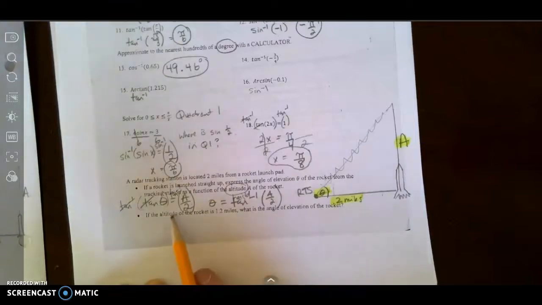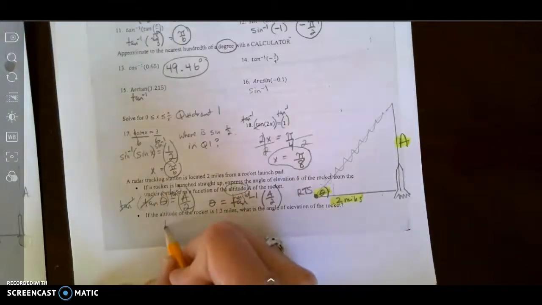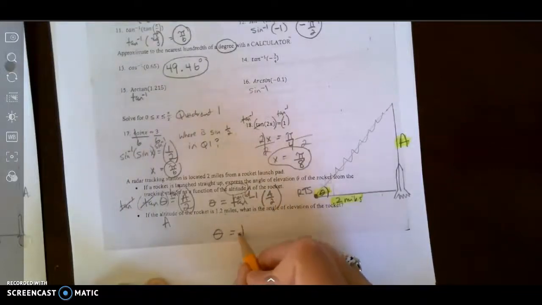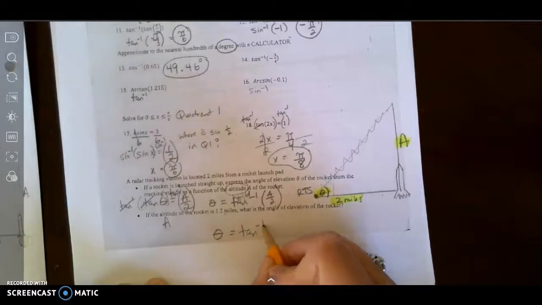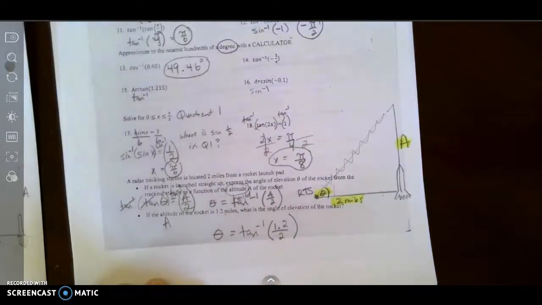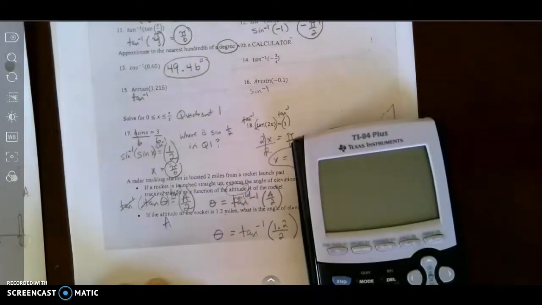So it says, if the altitude, that's capital A, is 1.2, what is the angle of elevation? Well, here's my formula. So theta equals inverse tangent of 1.2 over 2. So I go to my calculator.